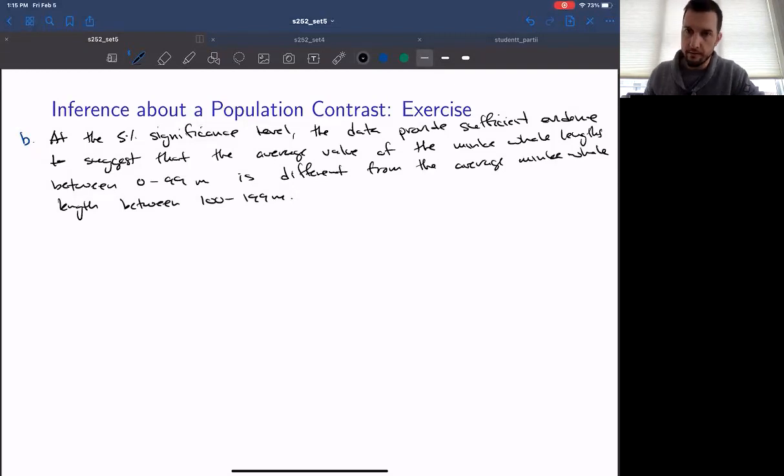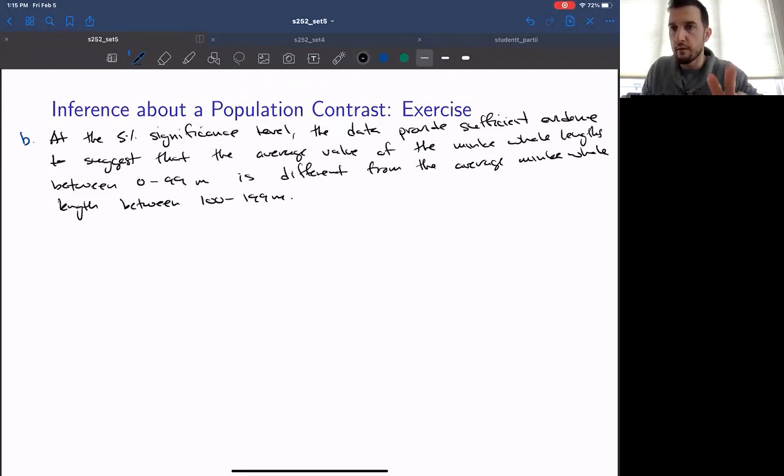So I have written here, at the 5% significance level, the data provides sufficient evidence to suggest that the average value of the minke whale lengths between 0 to 99 meters is different from the average minke whale length between 100 to 199 meters. So that's what we found evidence of. The null hypothesis said the average of 0 to 99 was equal to the average length of whales trapped from 100 to 199.